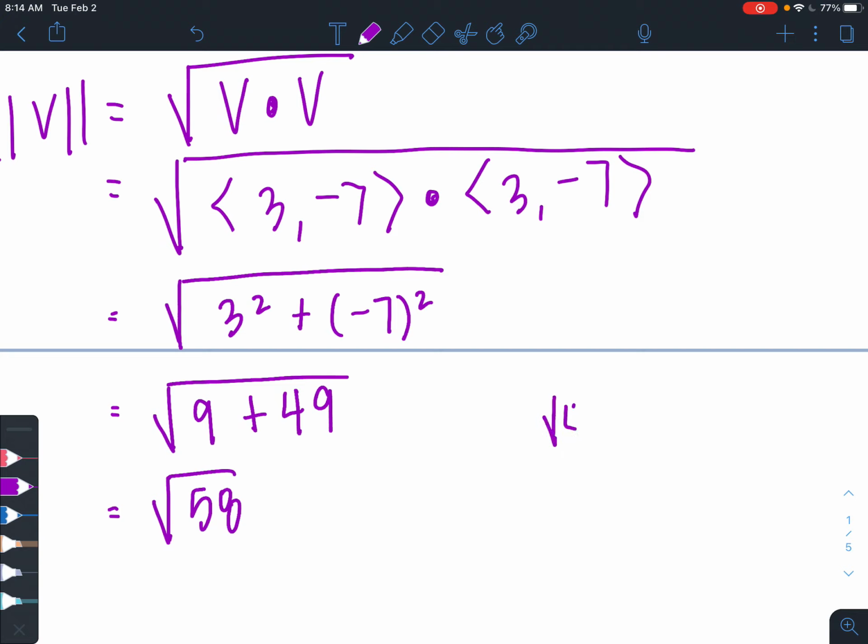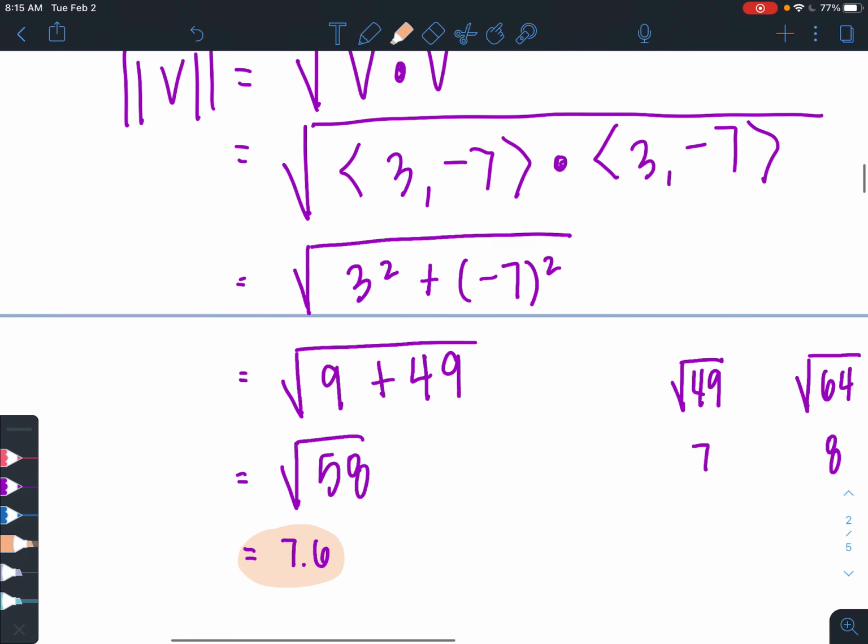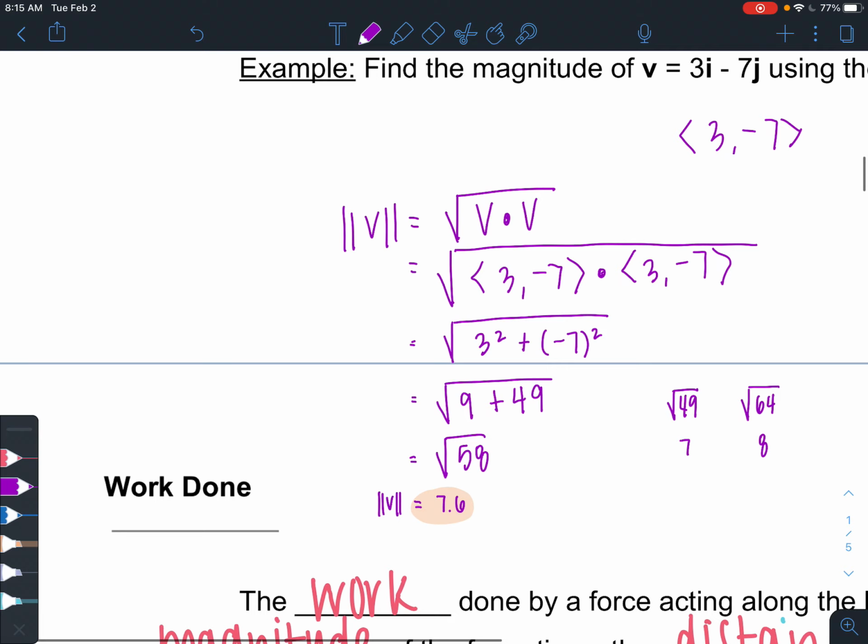Now, the square root of 49 is 7, and the square root of 64 is 8. And we know that 58 is somewhere in between there. It's about 7.6. So that right there is our magnitude of v.